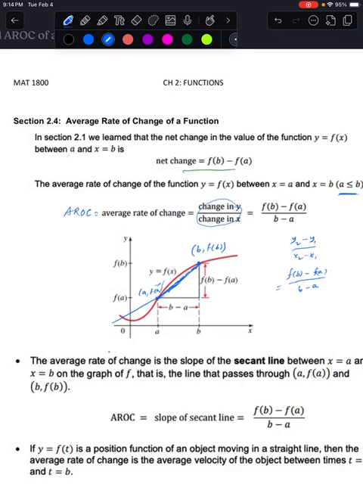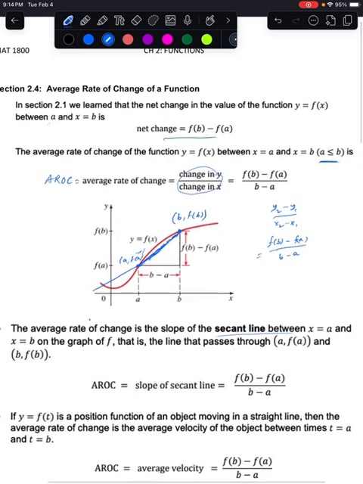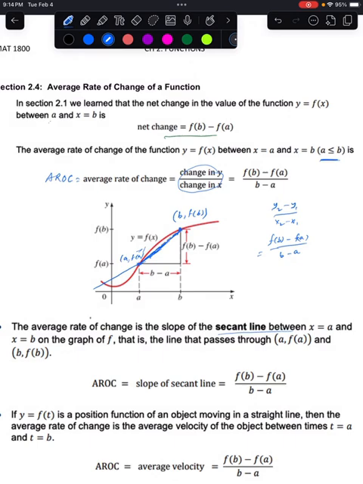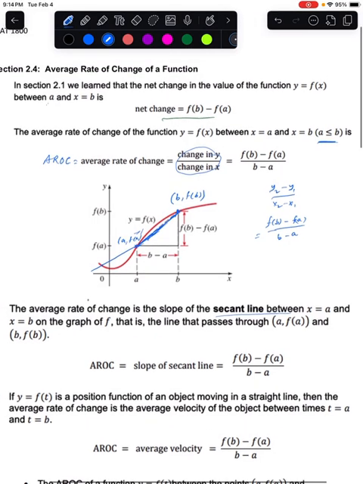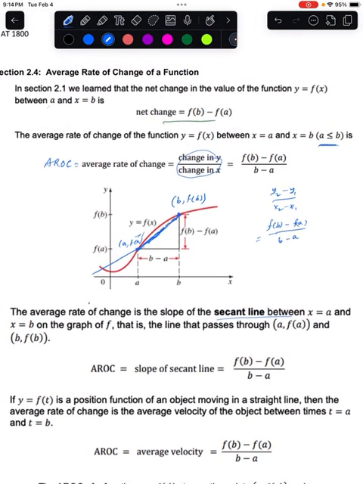So we can say that the average rate of change is the slope of the secant line between x is equal to a and x is equal to b on the graph of f. In other words, if there is a line that passes through a, f of a and b, f of b, then the slope of the secant line, or AROC, is f of b minus f of a over b minus a.